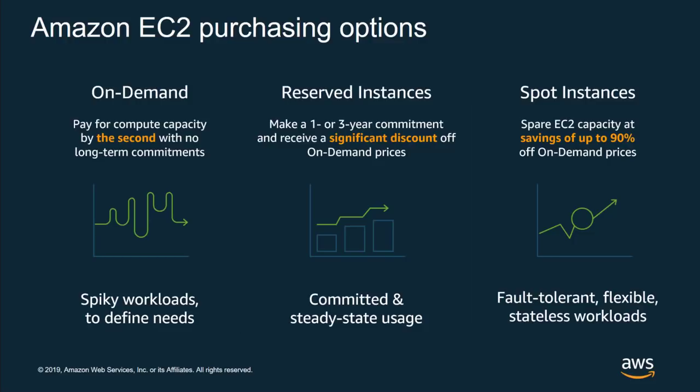And with spot instances, we've created an opportunity for customers to save up to 90% off the on-demand price when they take advantage of that spare capacity. It's fantastic for fault-tolerant, flexible or stateless workloads. Because it is our spare capacity, when we do need it back, we give you a 2-minute warning and we can take that instance back off you, but obviously up to 90% discount.